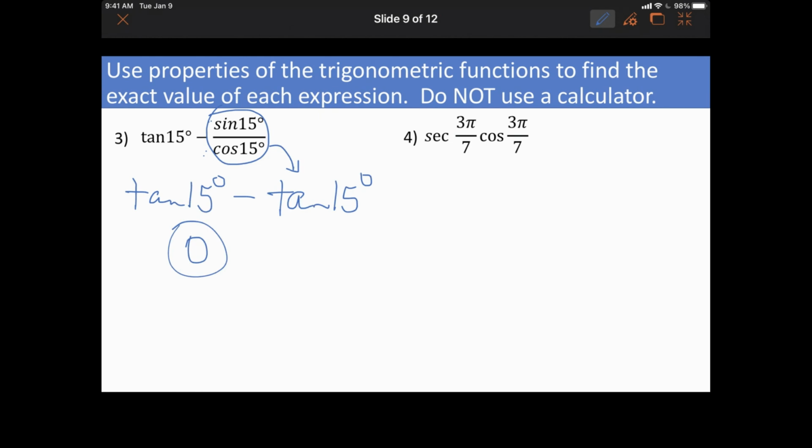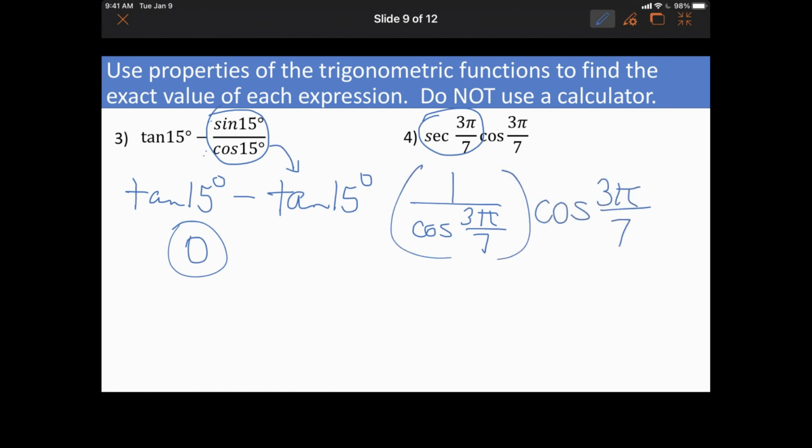Nice. So what about this one? I have a secant and cosecant. What do I know about them? They are reciprocals of each other. So I can rewrite it: 1 over cosine 3 pi over 7 times cosine 3 pi over 7.